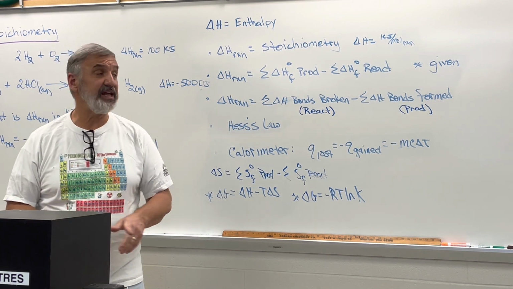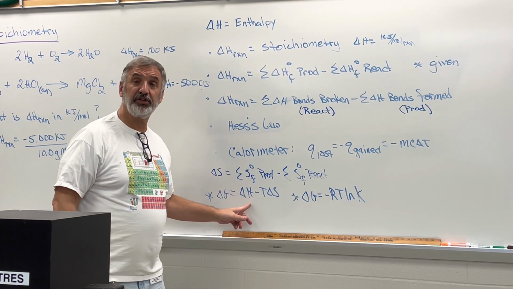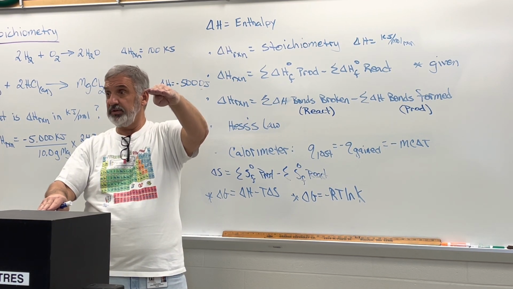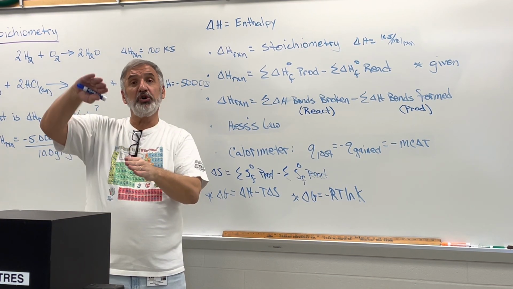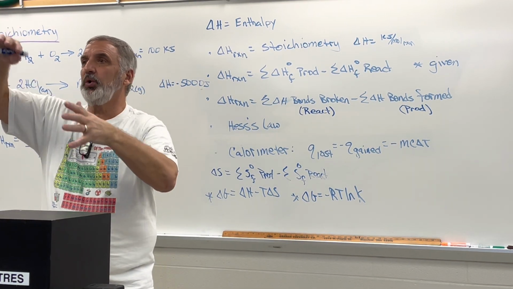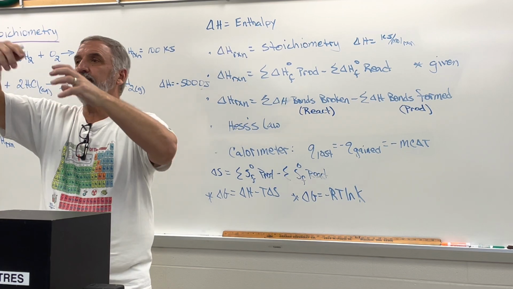Positive delta S, a negative delta H, exothermic reactions, because everything wants to be in the lowest possible energy state. But they want to have the most microstates. They want to have the most disorder. They want to have the most possible rearrangements.